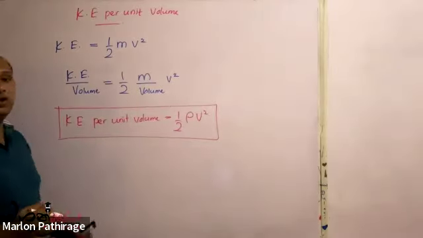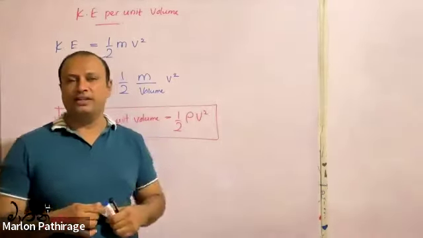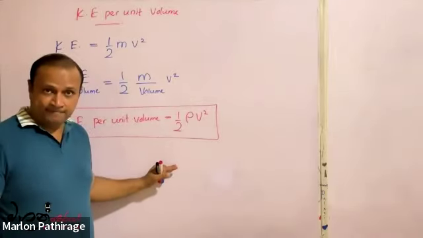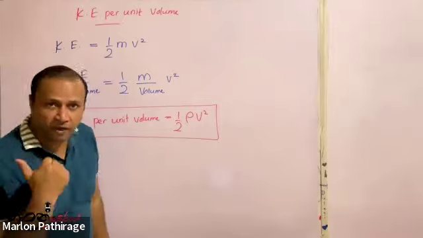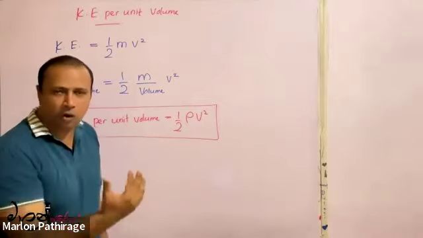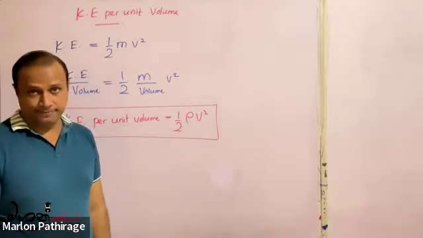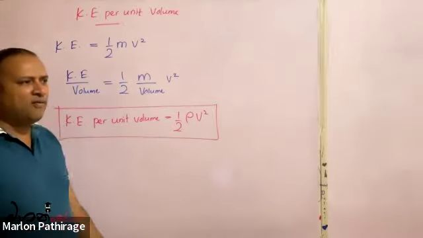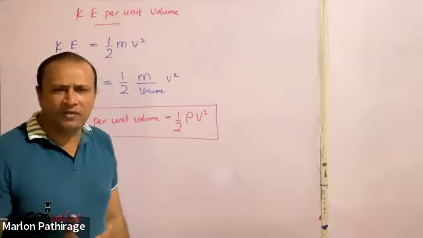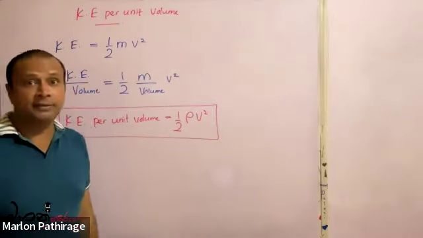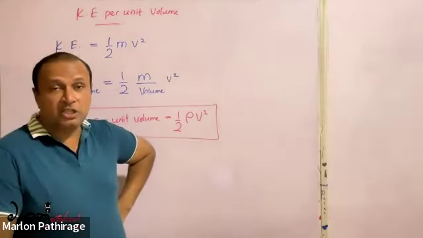So what is the reason for defining this physical quantity? For a fluid flow, we cannot define a specific mass. Therefore, we define kinetic energy and potential energy per unit volume.